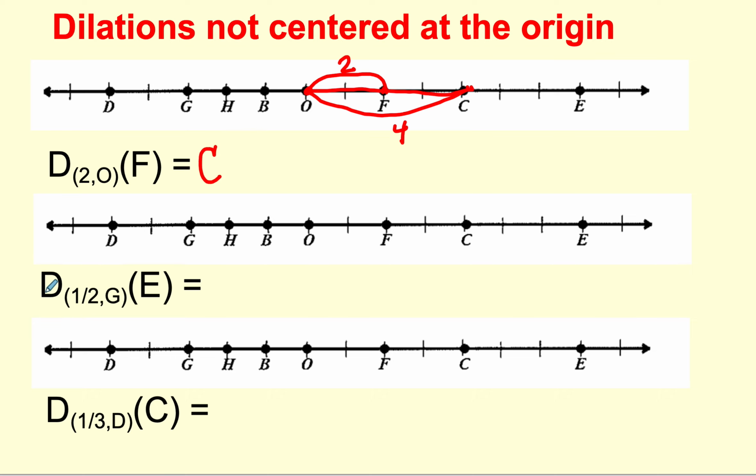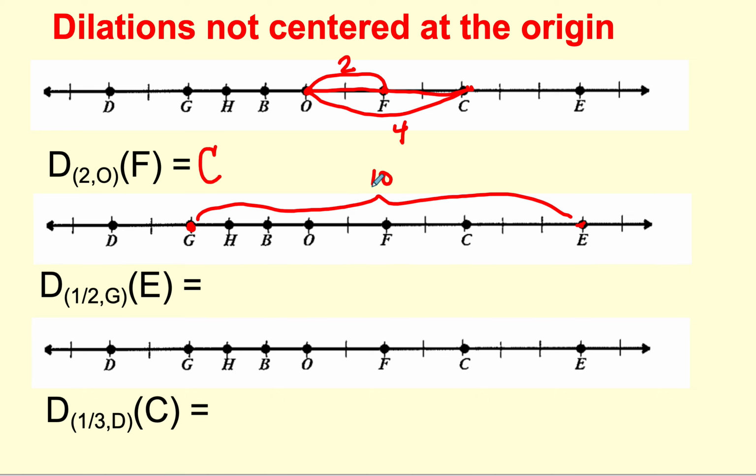Let's go ahead and do a dilation of scale factor 1/2 at center of dilation G. So we're right here at G, and we want to take E right here, and we want to bring it in halfway. Well, let's go ahead and count how many we have. 1, 2, 3, 4, 5, 6, 7, 8, 9, 10. So this whole distance is 10. And the dilation is to bring it in closer to G, bring it in halfway.